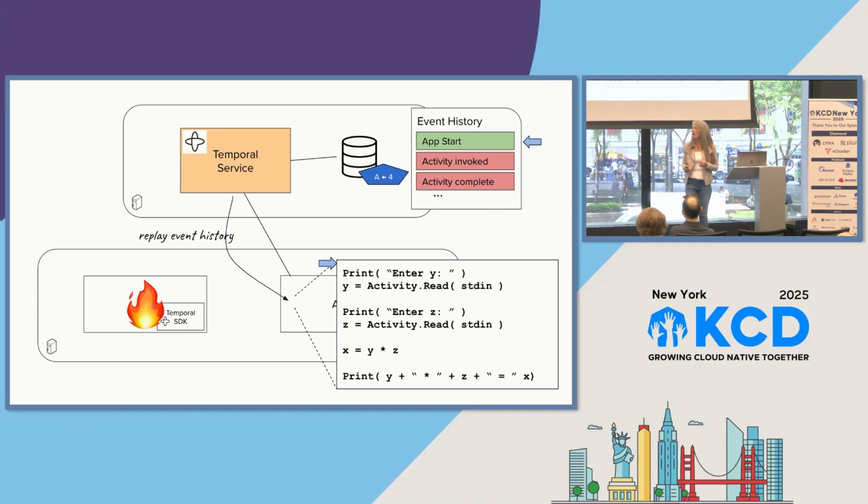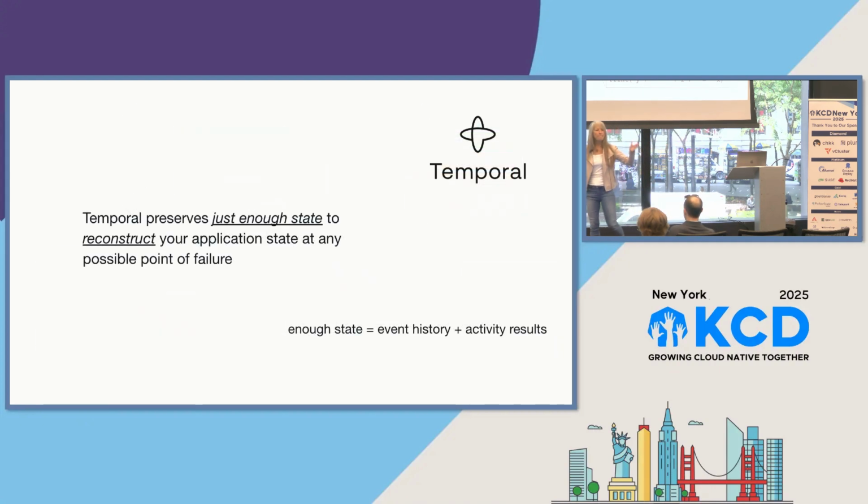We start at the top and we say, great, print, and that's why I ask you to suspend disbelief, because maybe you don't want to print that again. But at this point, I say, look, I already executed this activity. I'm just going to retrieve the value from it. So I get back the value 4. Now I've exhausted the event history, and I just keep running.